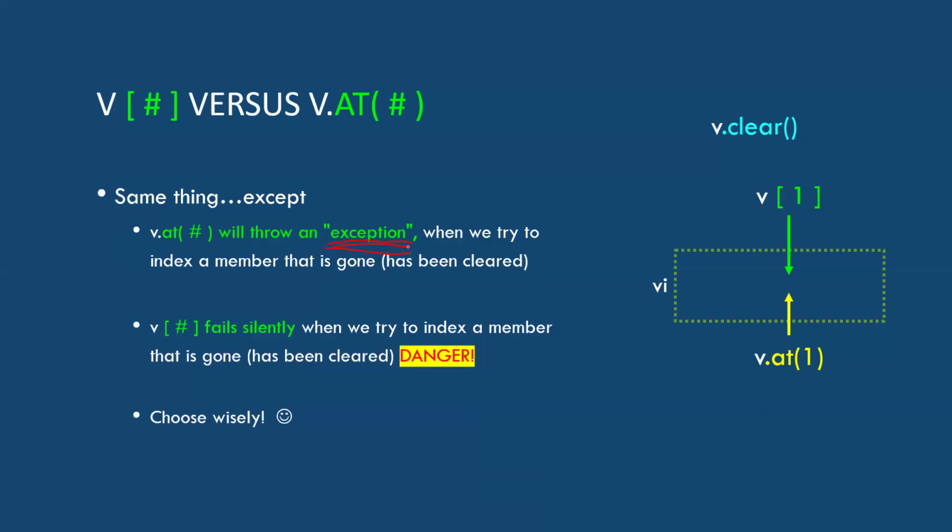Now, if you decide that you like square brackets better, you won't crash. You will just corrupt memory, or you may pull out some garbage data, okay? So square brackets are okay and fine, but if your program is crashing or you're uncomfortable with how stable your code is, switch back to .at.